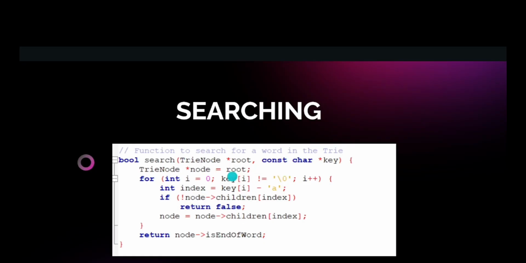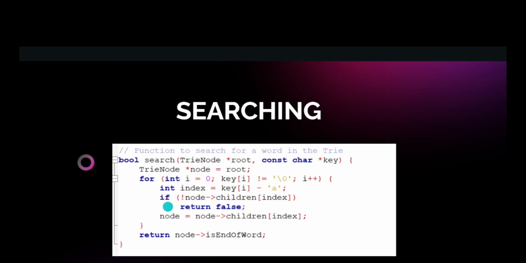Now, same thing again, we need to convert the character to a try index. Basically, what this does is map letter A to letter Z to the index values 0 to 25, for faster array access.